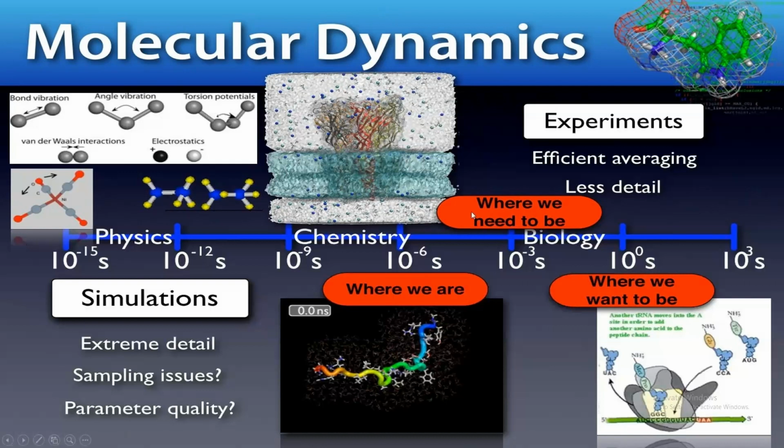So here is a kind of a scale. If you have physics, then of course the time scale is very small. This also corresponds to the quantum effects. If you have chemistry, then of course the time is increasing, but still the time is also very small.